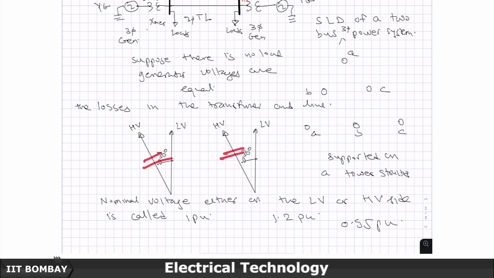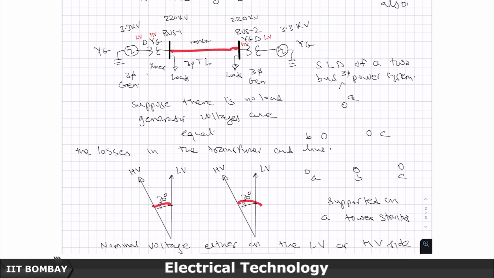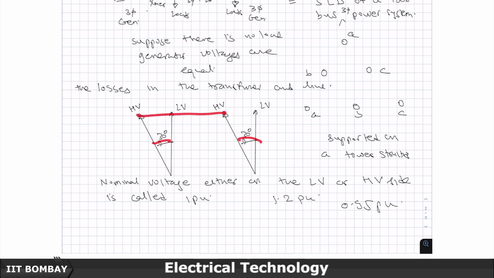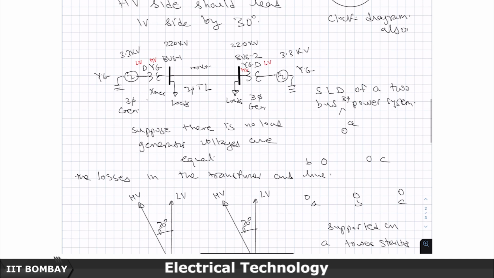Since their magnitudes are equal and the angles are also equal, when I have a transmission line interconnecting them, under unloaded condition there will not be any power flowing through this transmission line. So, therefore, it is very clear that this circuit will behave truly like an unloaded system or a supply when there are no loads connected to it. So, to achieve this symmetry and to achieve error free operation, see, the power system has hundreds and thousands of transformers and transmission lines.